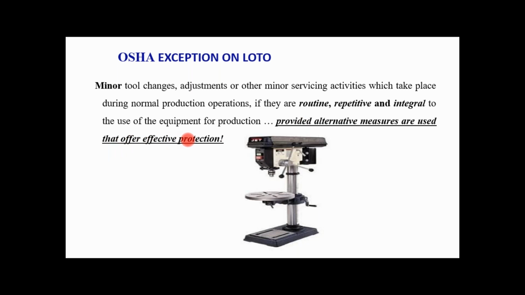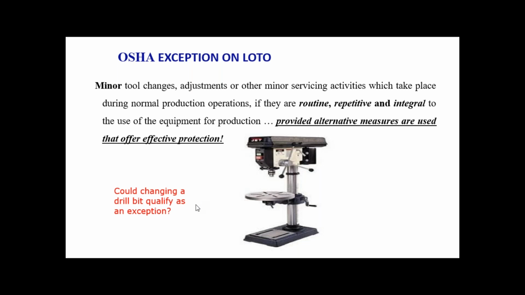The main objective of the LOTO system is to protect the person, to protect against damage to the equipment and its accessories, and to avoid stoppage of production. If you are doing all these things, then you can go for the routine activities without the LOTO systems. So these are the OSHA exceptions on the LOTO.